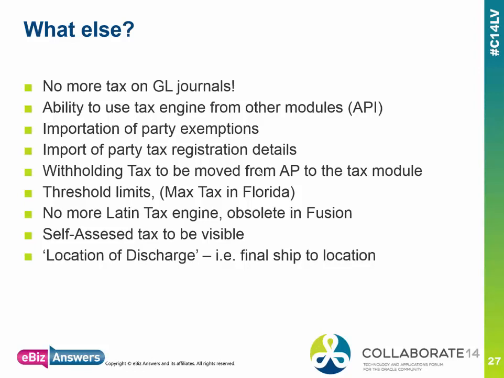If you have a customer that you trust, you can use the location of discharge to calculate the tax, i.e. a 0%. If you have a customer you don't trust, and you don't know whether they're sending this final shipment, then with a party classification, you can drive the tax from the actual ship-to, which in this case is France. So there's lots of new functionality coming in.